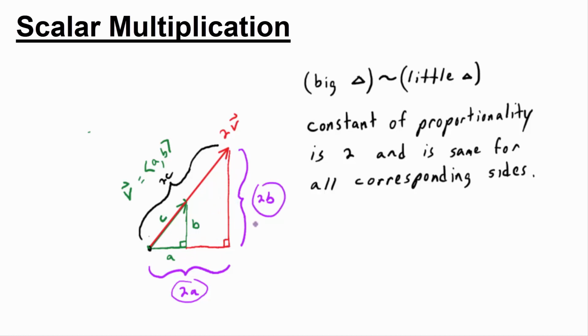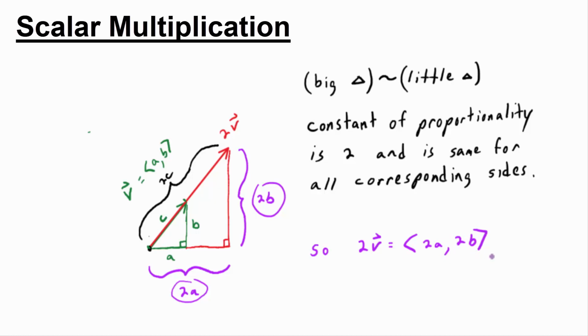So that's it. Visually, we've shown how we should perform scalar multiplication symbolically. The conclusion is this: component-wise, 2V has components 2A and 2B.